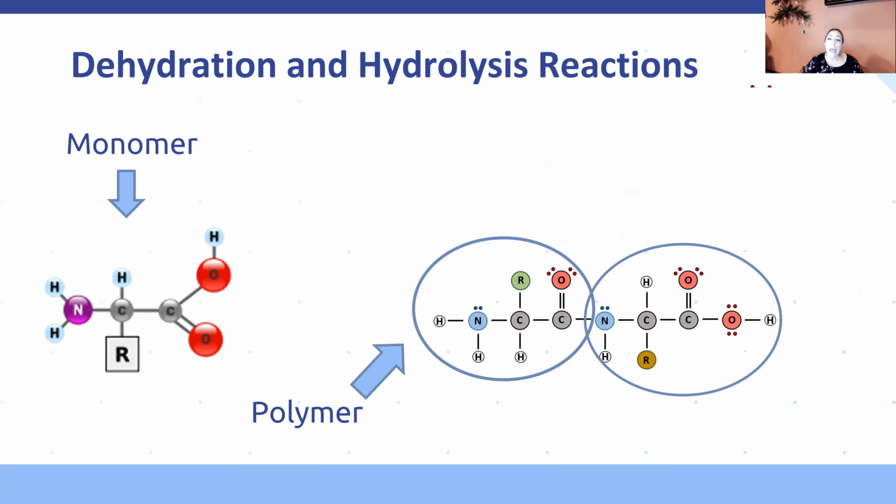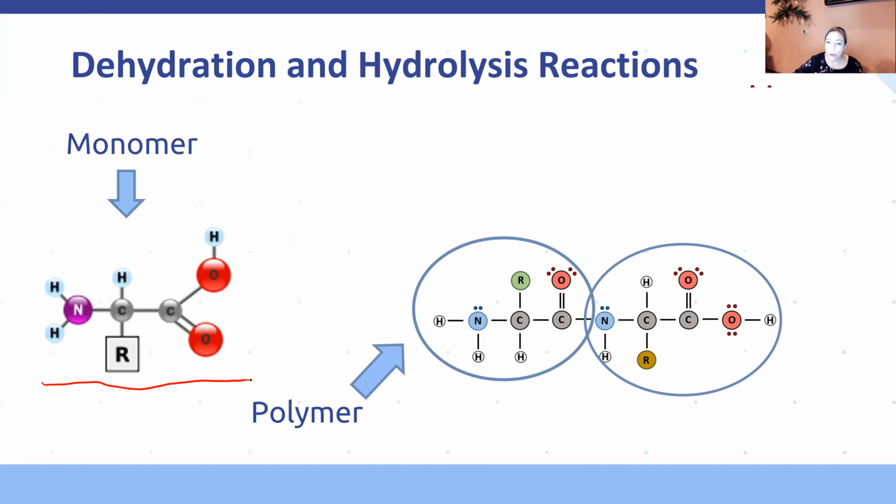So let's look at how polymers are formed and broken down. So there are two types of reactions, dehydration reactions and hydrolysis reactions. So what you're looking at here in this picture is the same monomer that I drew for you in the previous slide. So the monomer is this entire molecule.